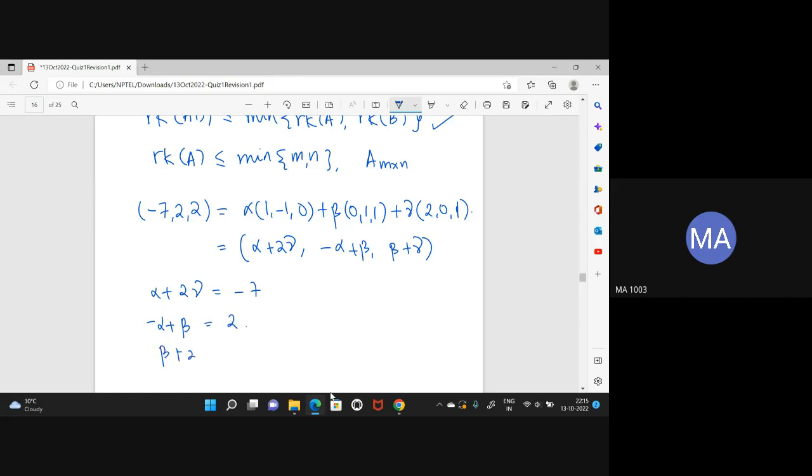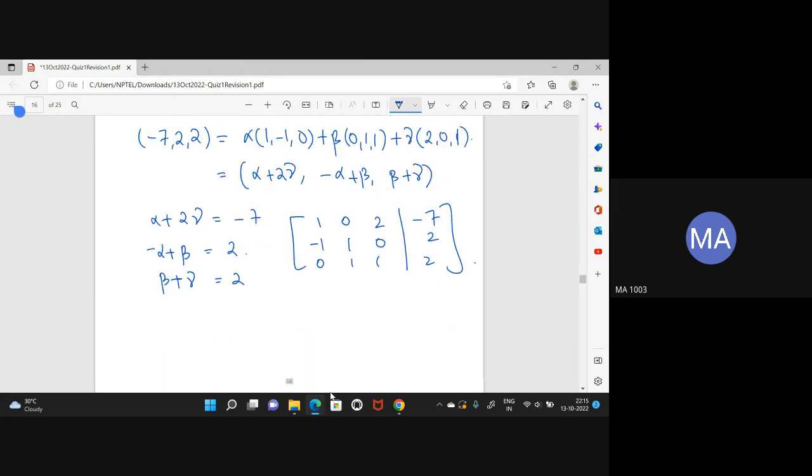If you don't get a solution, it means you cannot write it as a linear combination, right? Check if the system has a solution. That's all.